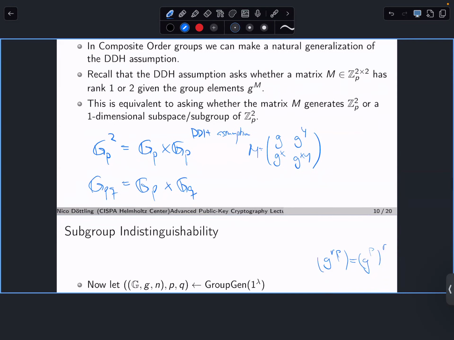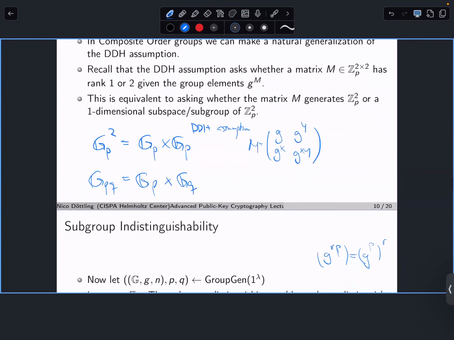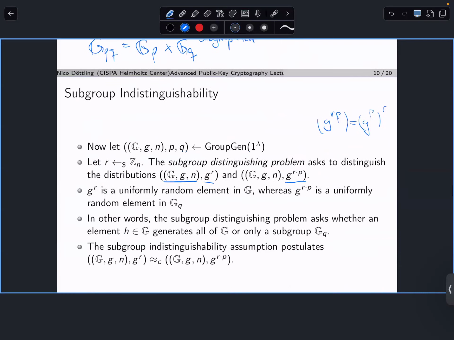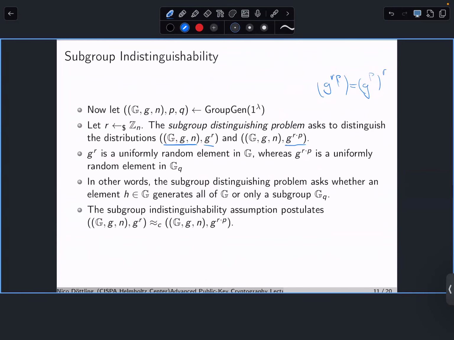And down here, we're making something that we call subgroup indistinguishability. Now, DDH is an instance of subgroup indistinguishability, but let's briefly look again at the proper definition.